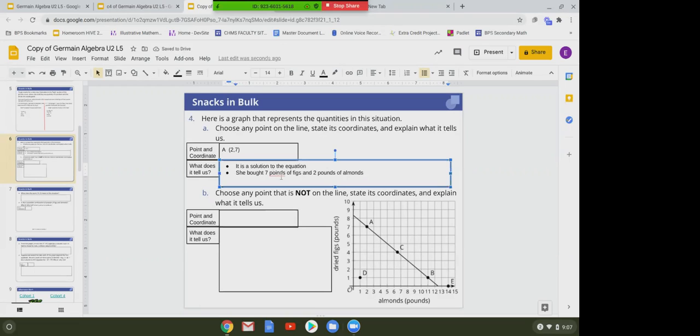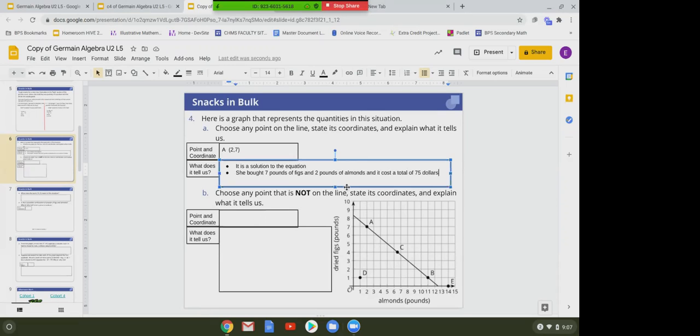So she bought 7 pounds of figs and 2 pounds of almonds, and it cost a total of $75. You can't forget that last little bit there. Okay, so she bought 7 pounds of figs and 2 pounds of almonds, and together that cost a total of $75. Good.